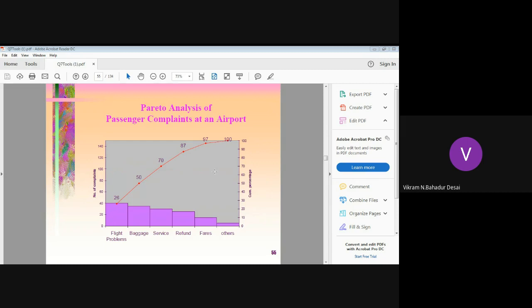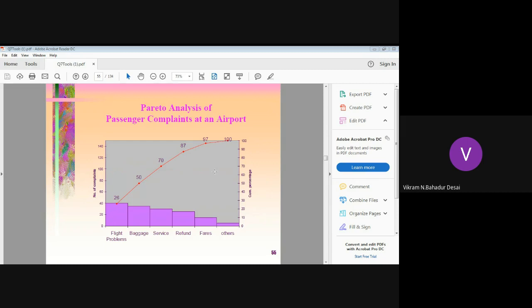But those causes are going to affect only 20% of the problem. So these causes, like flight problem, baggage, service, are very important for you. You should focus on them. That will lead to 70 to 80% of the problem.